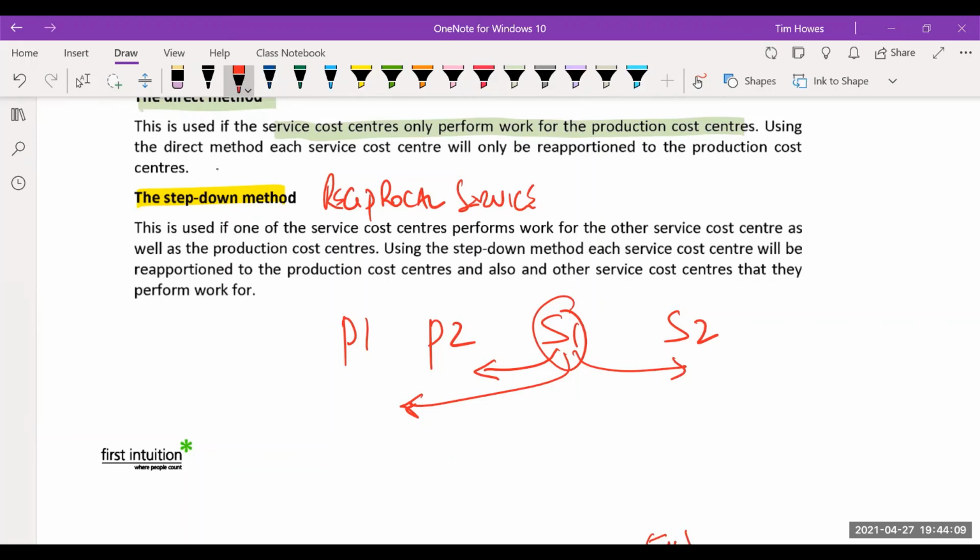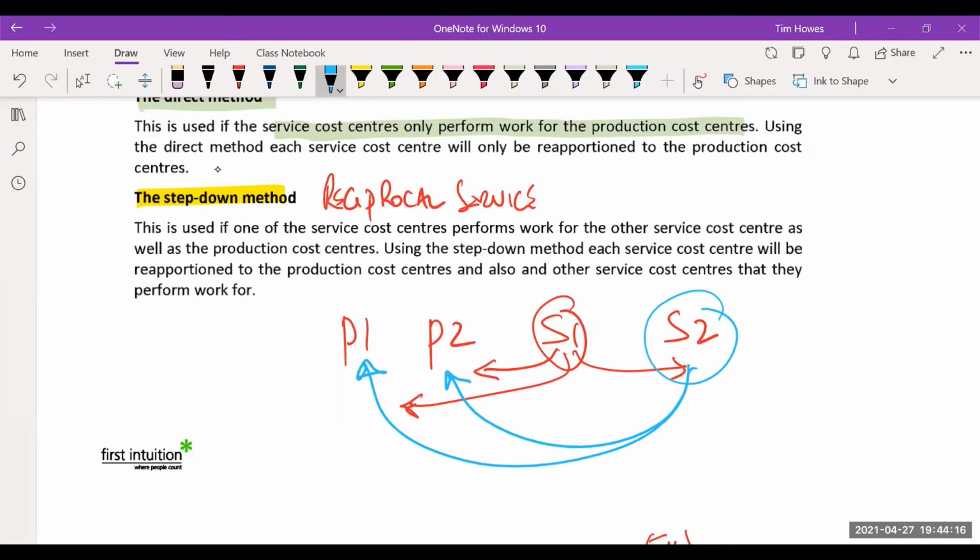But then you've got S2 only doing work for P2 and P1, nothing for S1. They'll never double reciprocate. So we would need to deal with this one first, dish it out to P1, P2 and S2, and then take lastly what's in S2 and dish it out to P2 and P1, and then everything is in P1 and P2, which is what we will have to do.